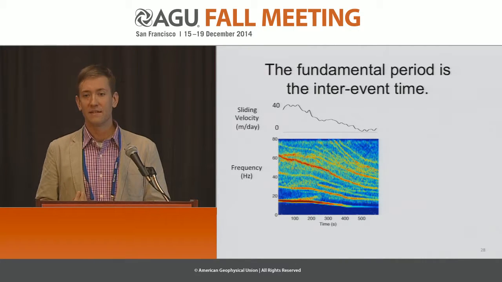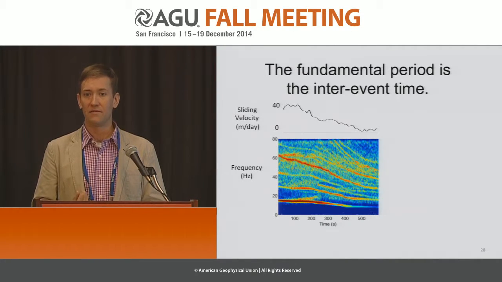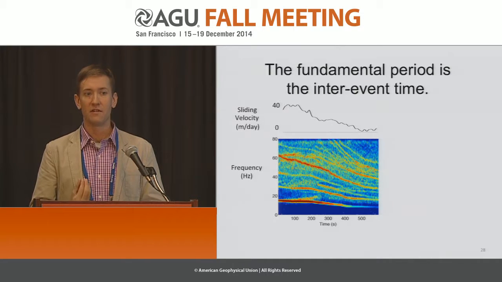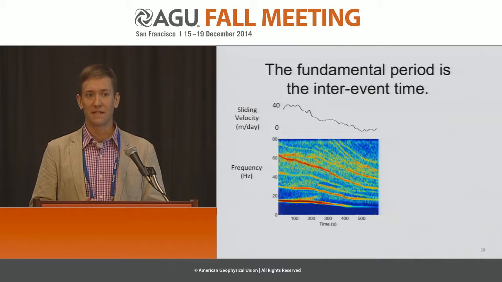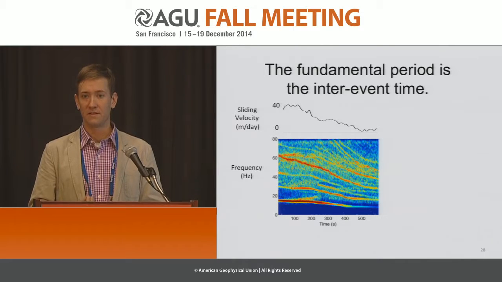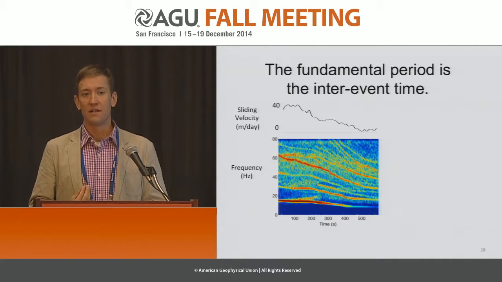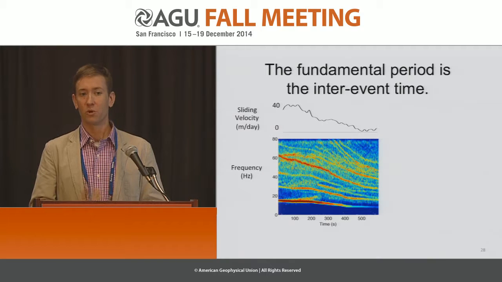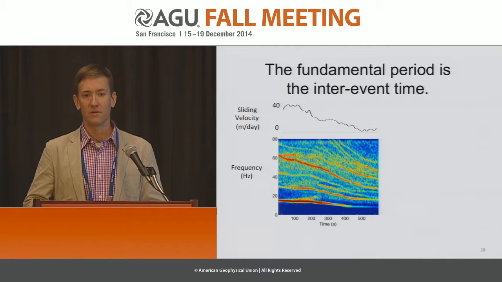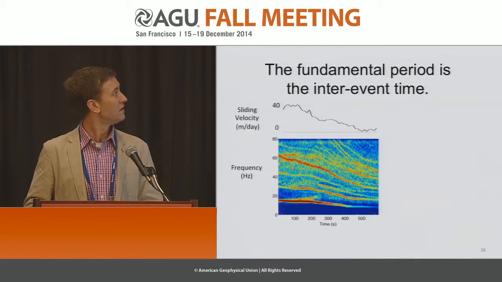Then finally, we can explain and understand this very elegant observation that the spectral peaks change with the sliding velocity. That explanation is simply that there are more earthquakes. The earthquakes have a shorter repeat time, and they occur more frequently at higher sliding velocities.